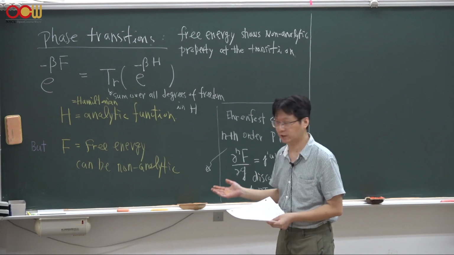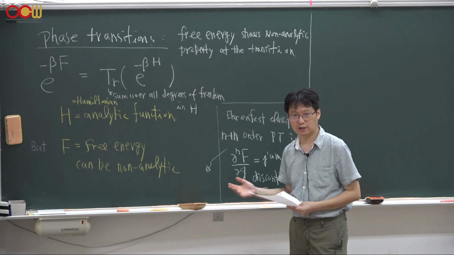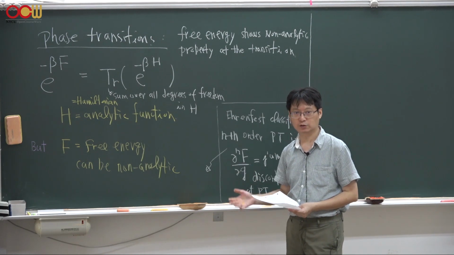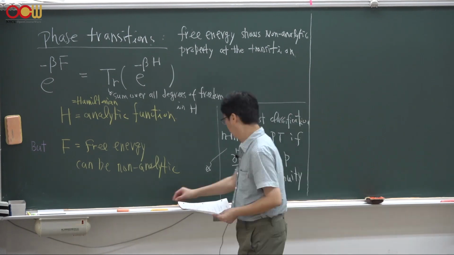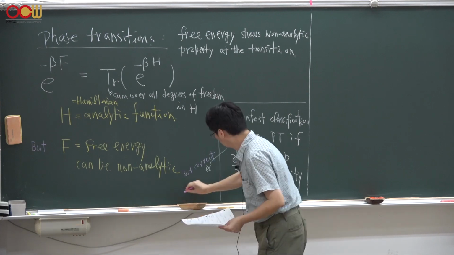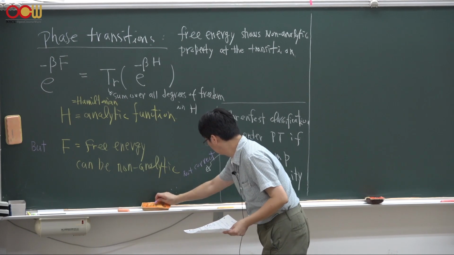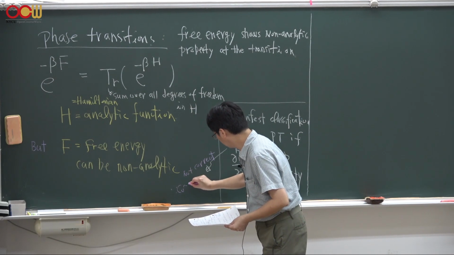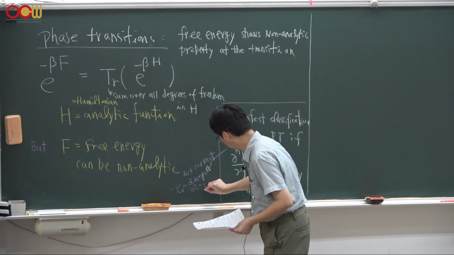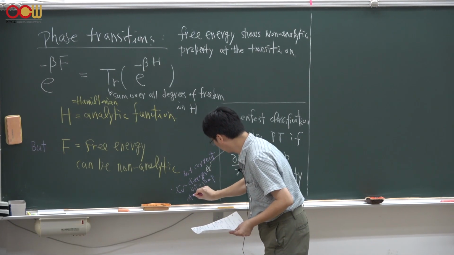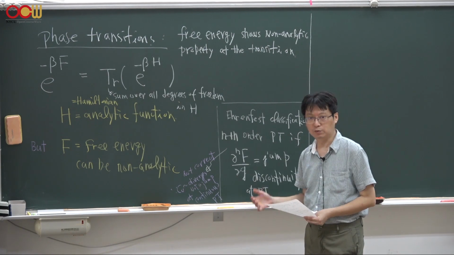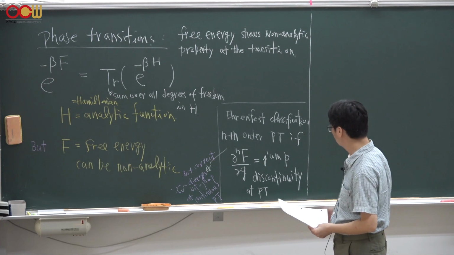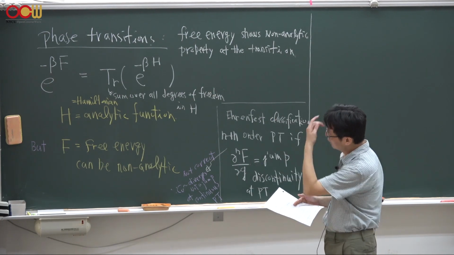And we will see that this definition is not entirely correct concerning the continuous or second order phase transition, because the specific heat, which is a derivative of free energy with respect to temperature, actually diverges. Not a jump, but a divergence at the continuous phase transition. So we will use the term continuous phase transition instead of second order phase transition from now on.